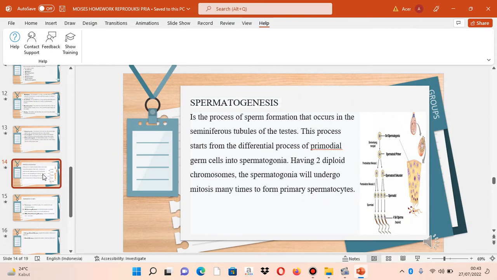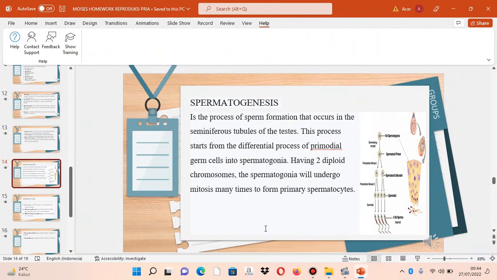Okay, right now we enter the spermatogenesis, or the definition of the process of spermatogenesis. Here is an image about the process of spermatogenesis.